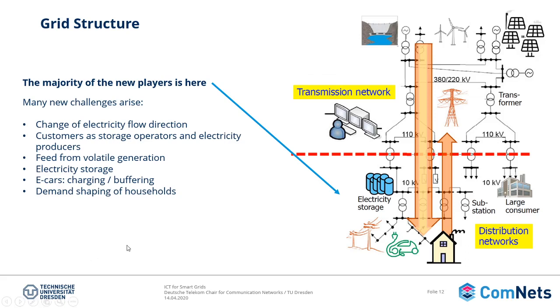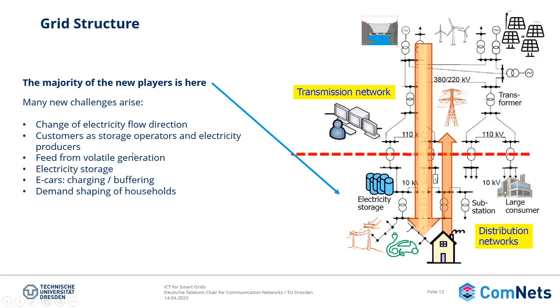So we talked about the change of electricity flow direction from the utility to the user side to it being going in the other direction from the user side to the transmission network. We talked about the customers using storage units in order to satisfy the times when the power generation of renewables is being volatile.